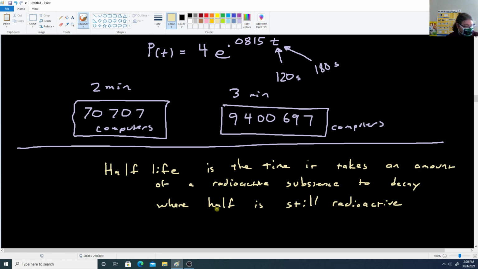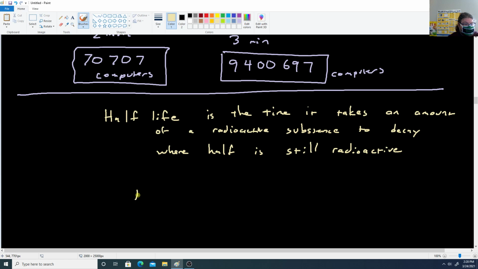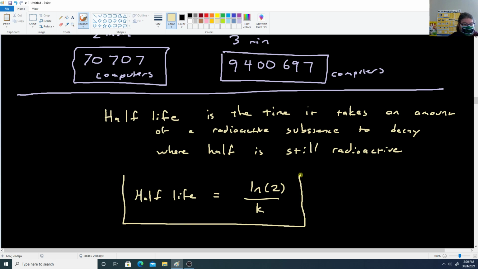And the half-life equation is going to be basically the same as the doubling equation. It's natural log of 2 divided by the k. And this will tell us the half-life equation for a decay problem, if we have radioactive decay.